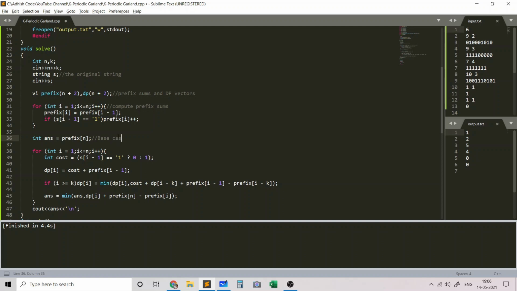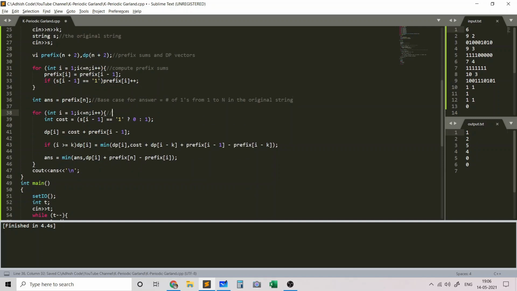This is the base case for answer, which is just the number of ones from 1 to n in the original string. And in this code segment, I'm just computing the DP values.